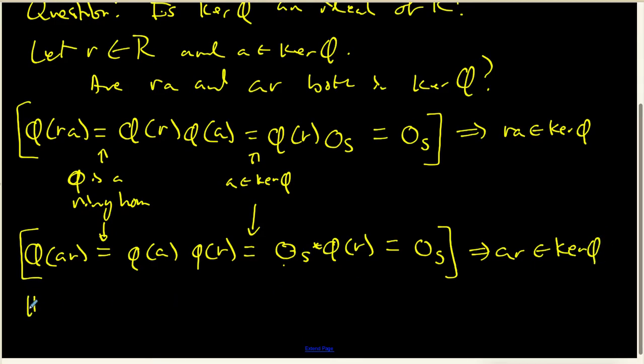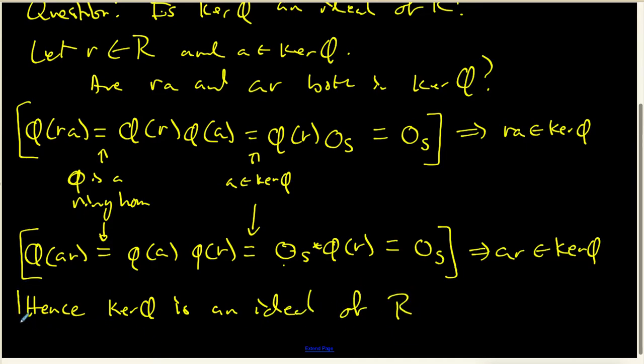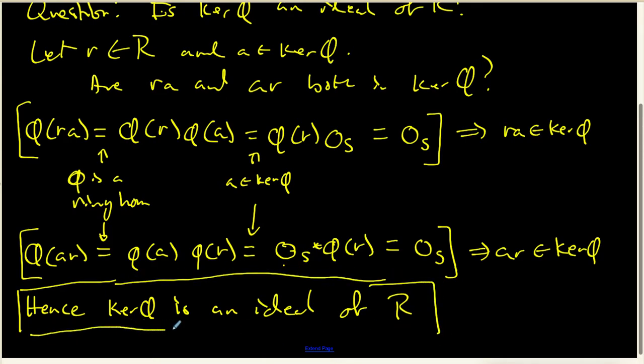And hence, we do indeed have that the kernel of any ring homomorphism is an ideal of the domain ring R. And that's actually a pretty important fact. It's often called a lemma, in fact.